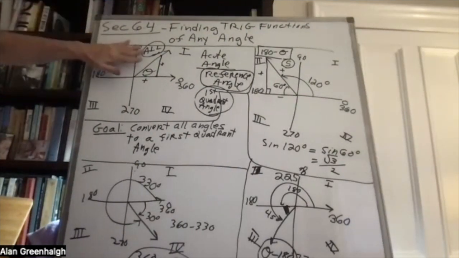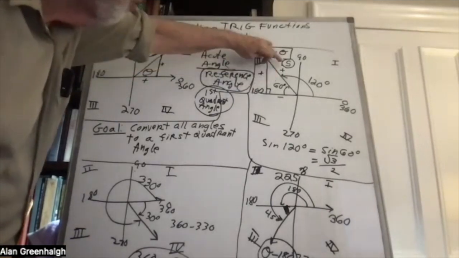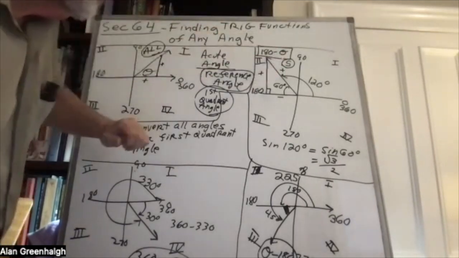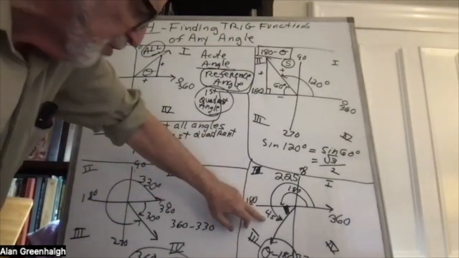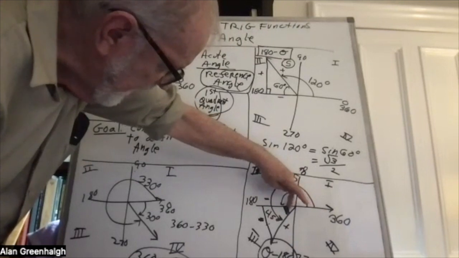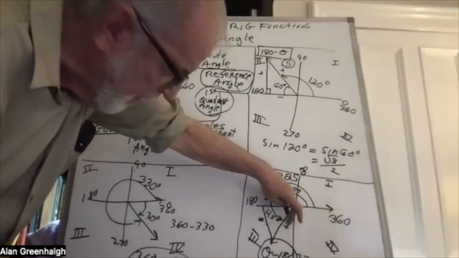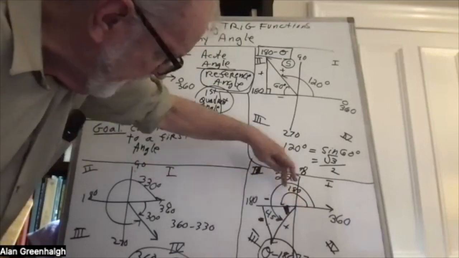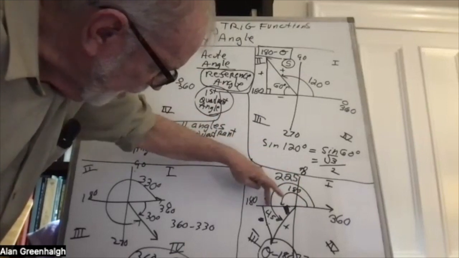So in the first quadrant, they're all positive. In the second quadrant, only the sine is positive. In the third quadrant, the sine is opposite over hypotenuse. That's negative over positive, so it's going to be negative. The cosine is adjacent over hypotenuse.